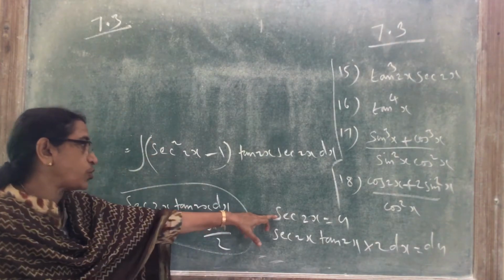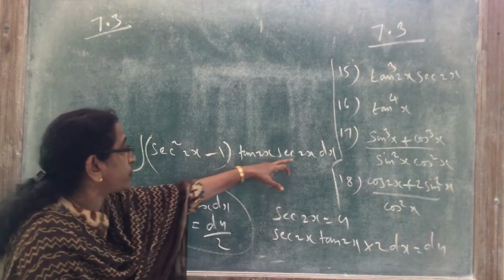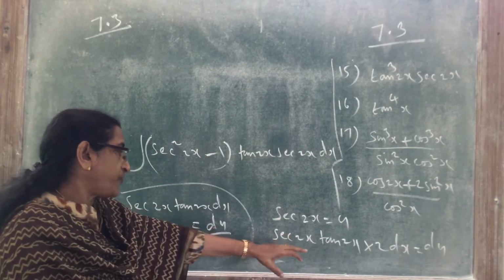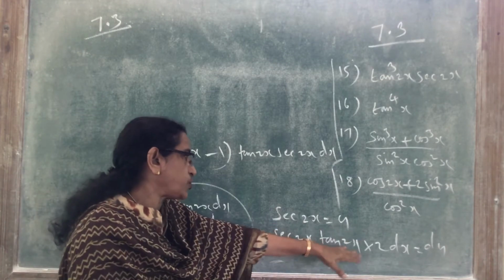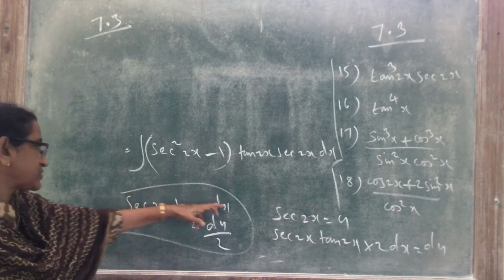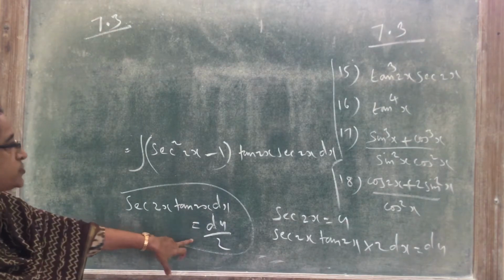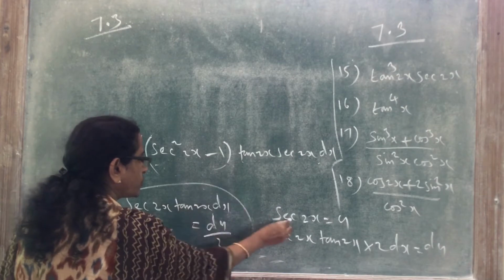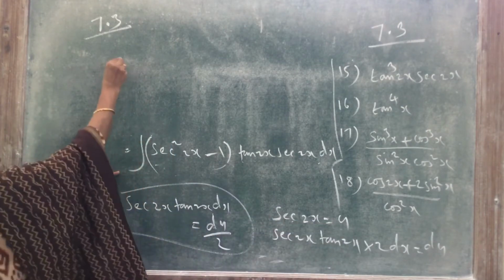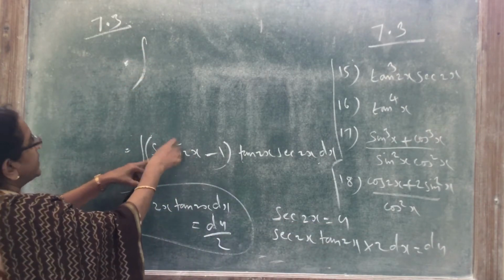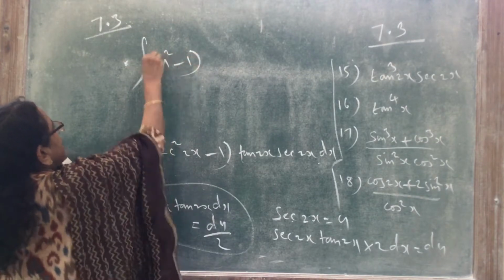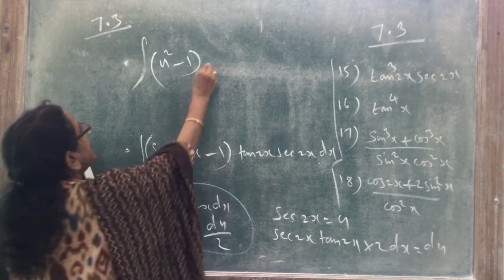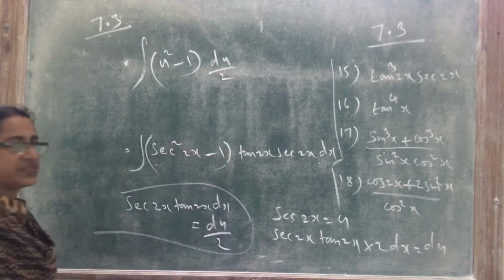And then we substituted sec 2x equal to u, because sec 2x tan 2x dx is here. So we got sec 2x tan 2x dx equal to du by 2. So this equals the integral of u square minus 1 into du by 2. That is what we did.